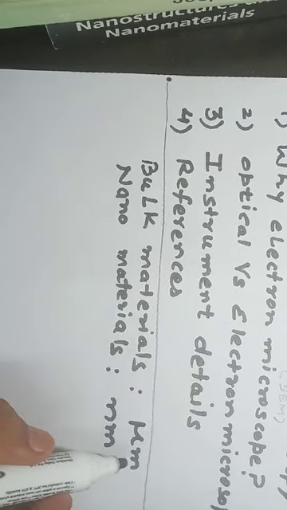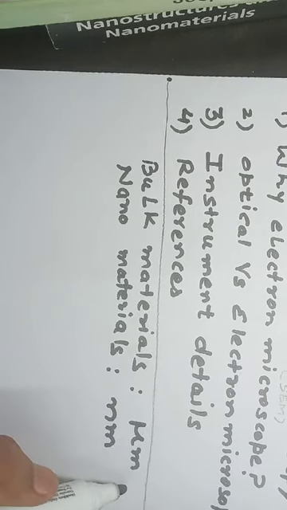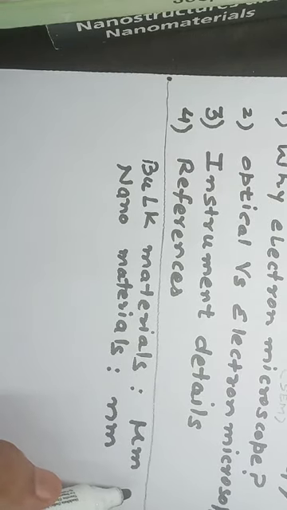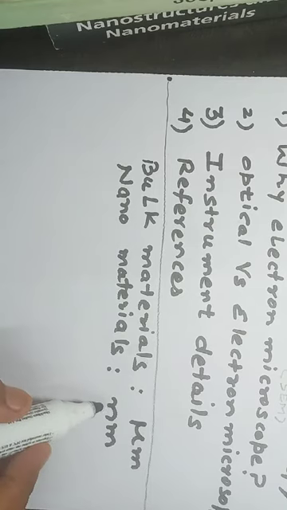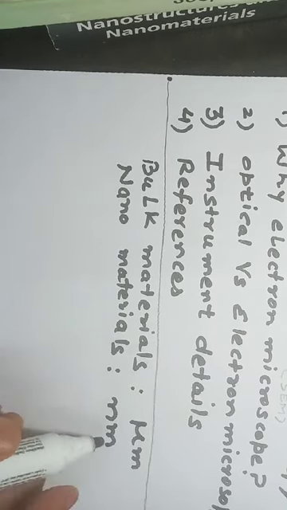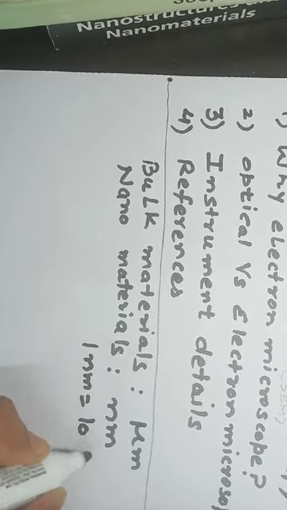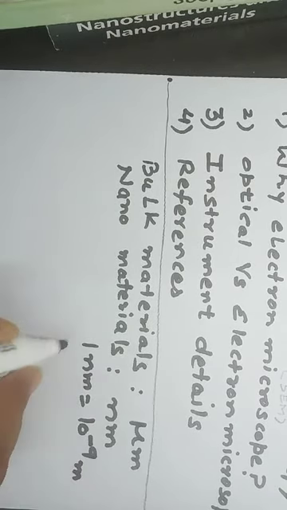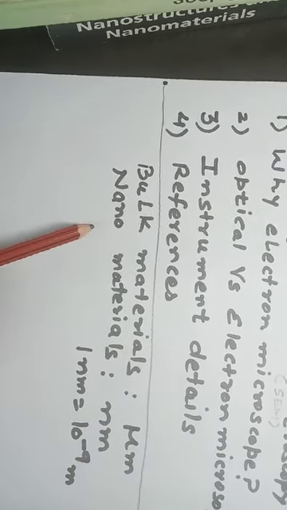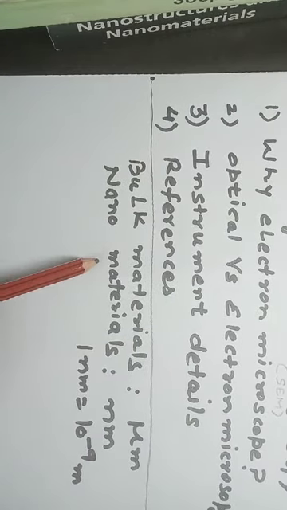As you know, 1 micrometer is equal to 10 raised to the power minus 6 meter, and 1 nanometer is equal to 10 raised to the power minus 9 meters. So if we would like to explore particles whose size is of the order of nanometer or micrometer, then we need to have an electron microscope.